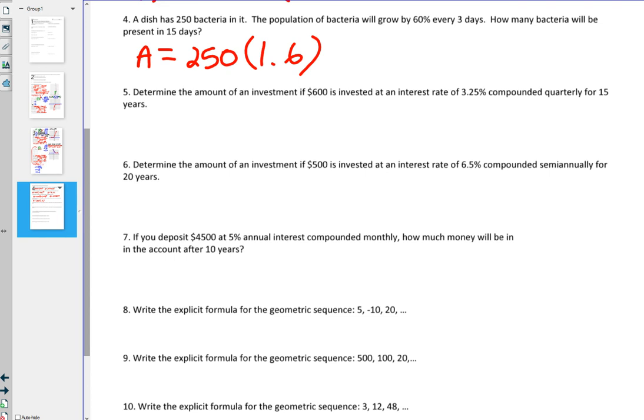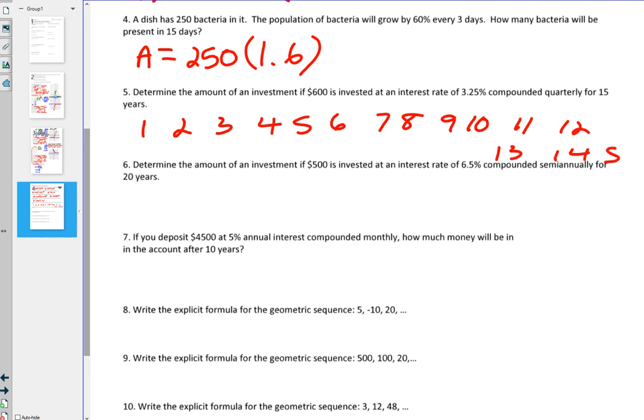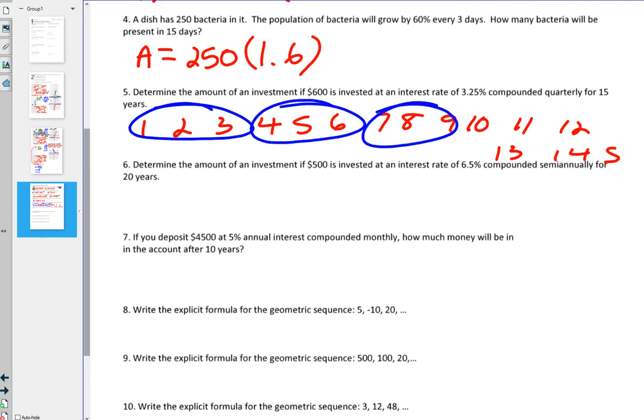If I look at a calendar for 15 days, remember, it's only going to grow every 3 days. So first day, second day, third day, fourth day, fifth day, 6, 7, 8, 9, 10, 11, 12, 13, 14, 15. It took 3 days, it grew 1 time. The next 3 days, it grew again. It grew again. It grew again. How many times did it grow? 5 times.